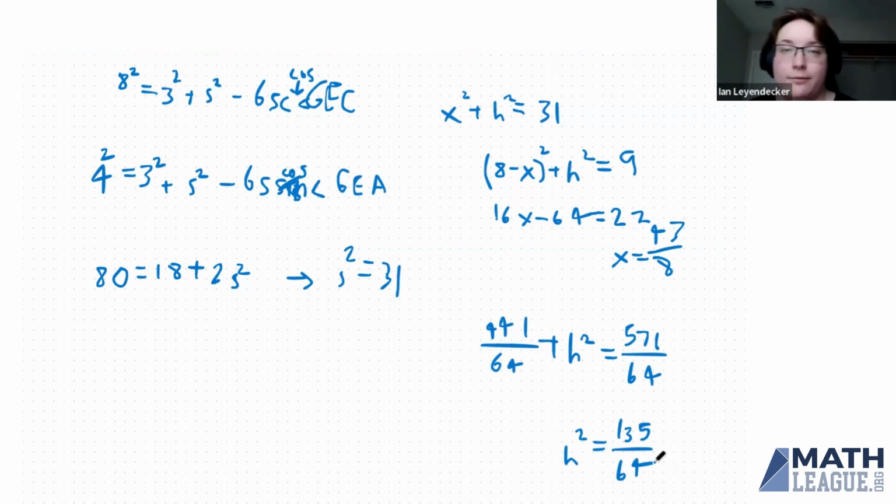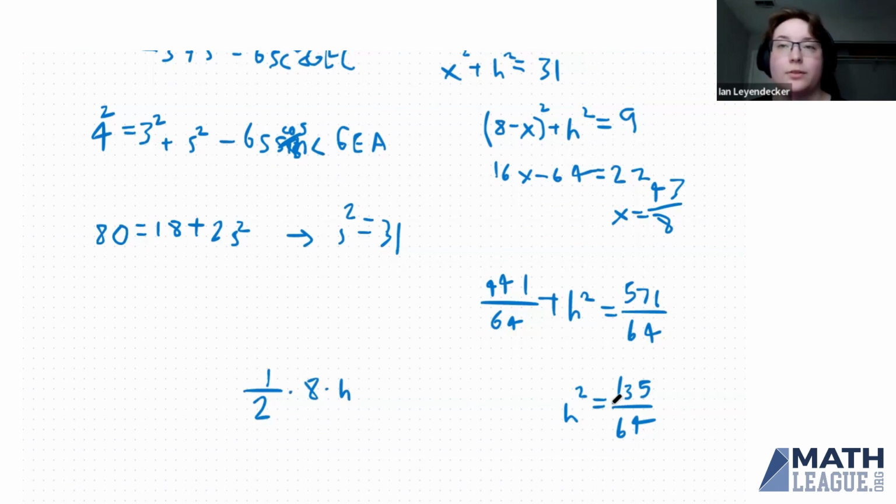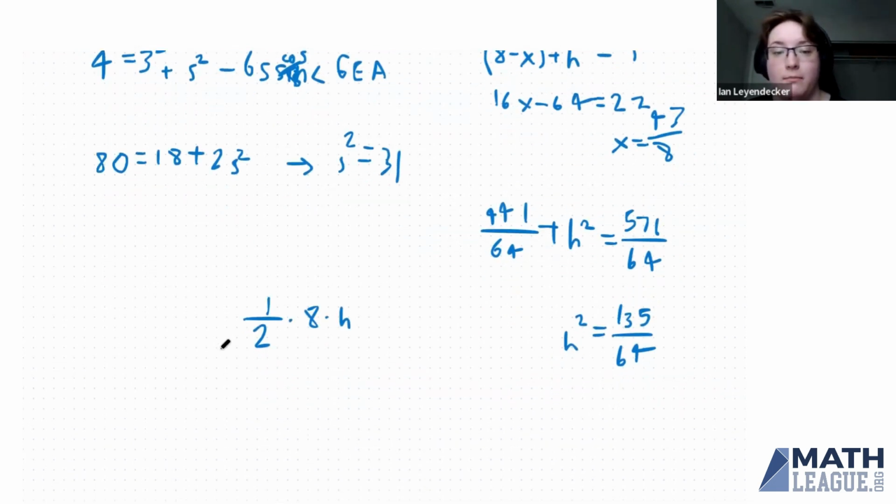So the area of triangle EGC is going to be 1/2 times 8 times h, where h is the square root of 135 over 64. Multiplying all this out and simplifying gets us 3 root 15 over 2.